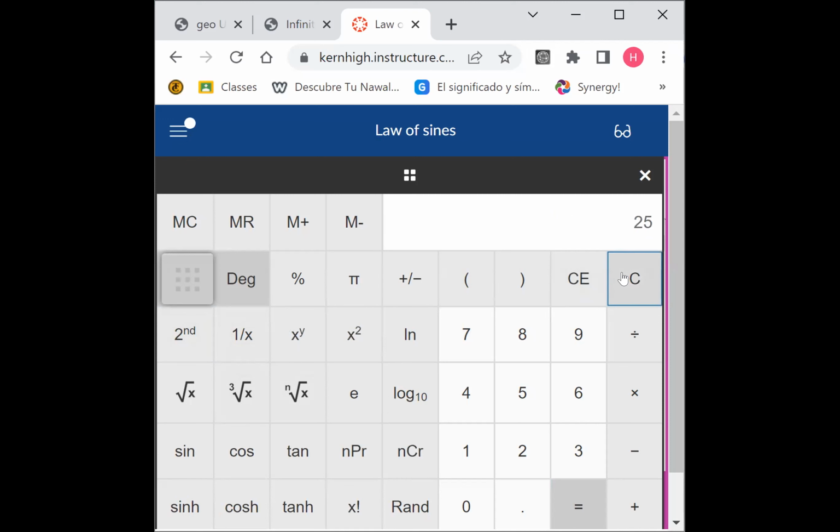So I'm going to go 25 squared plus 30 squared minus 2 times 25 times 30 times cosine of 87. Cool. 1446.4961. Okay. Let me come back here.